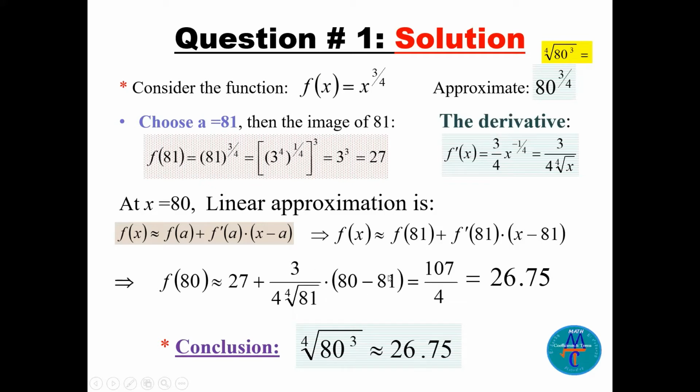If you simplify these simple numbers, you will get the fraction 107 divided by 4. This is the approximation. Or if you use a calculator, it will be 26.75. So the 4th root of 80 cubed will be approximately 26.75.